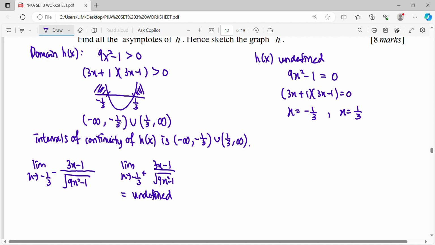Alright, so limit approaches 1/3 from the left hand side. What do you think? In the domain or not the function? 1/3 from the left hand side in the domain or not?